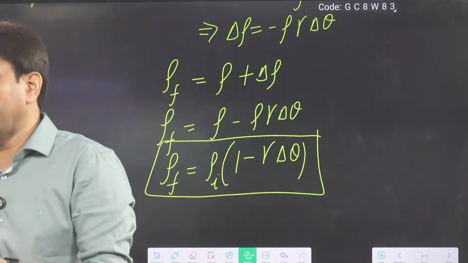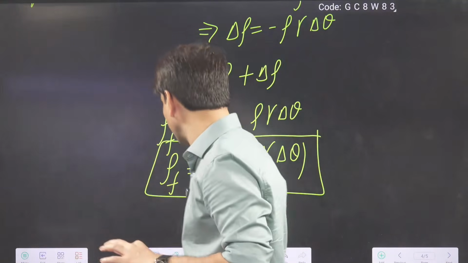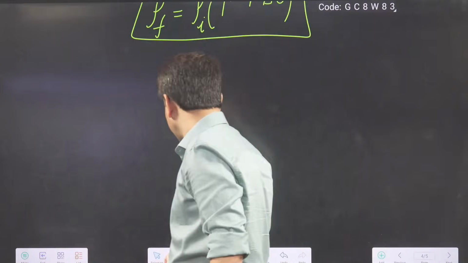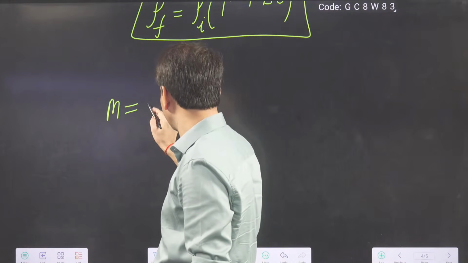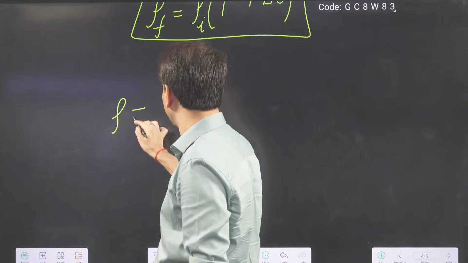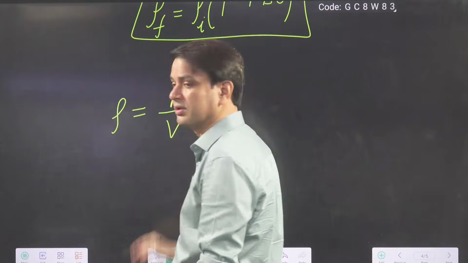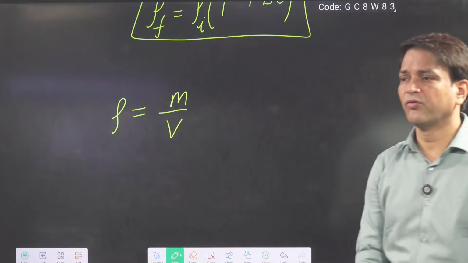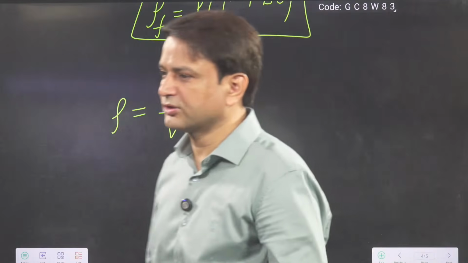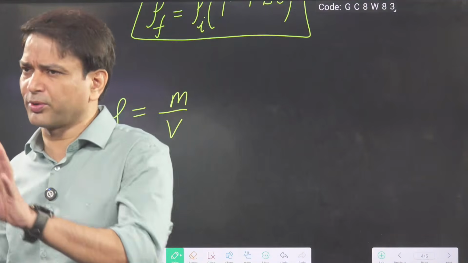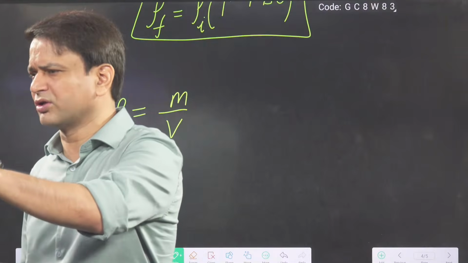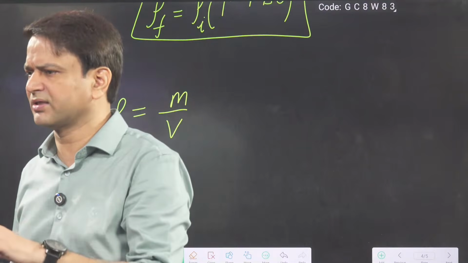So another relation we can also use. We know that density is equal to mass by volume. Yes or no? In a numerical question, there is no problem. Directly we can use rho final is equal to rho initial into 1 minus gamma delta theta.